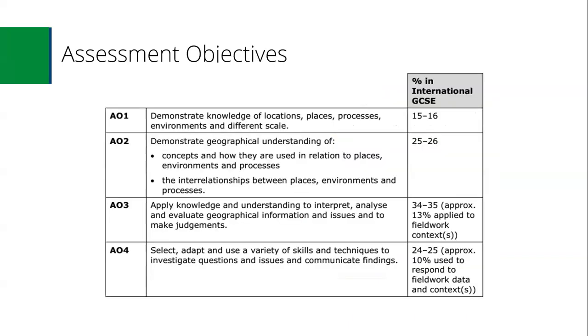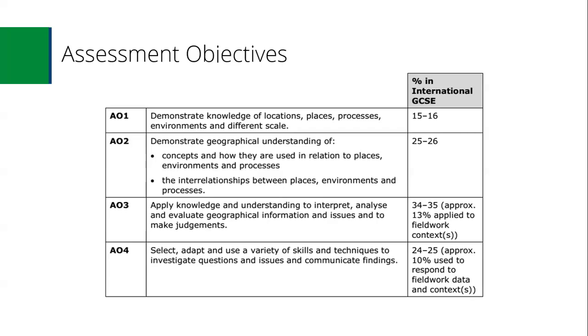So what are the assessment objectives? Well, we've got AO1 to AO4. And in a large share of these areas in the International GCSE, AO1, that demonstration of knowledge of locations, places, processes, and the environment at different scales, is worth between 15 and 16%.